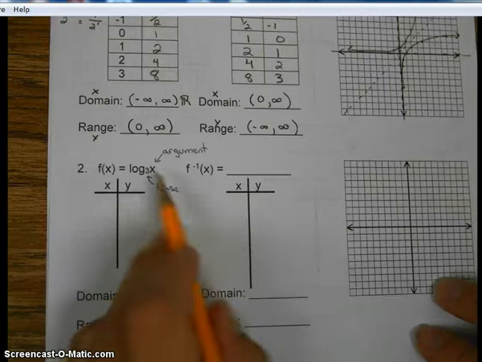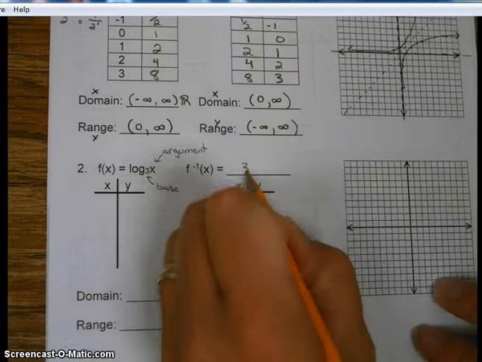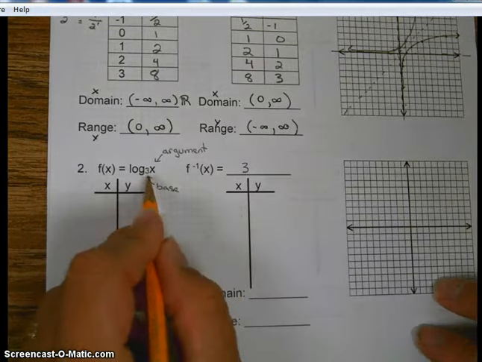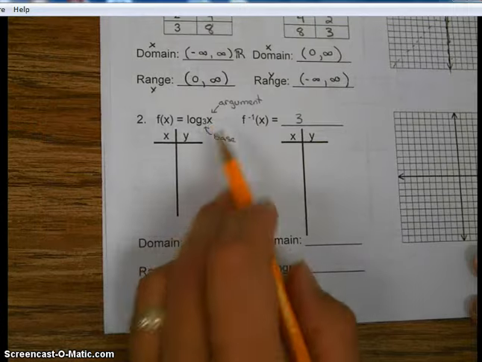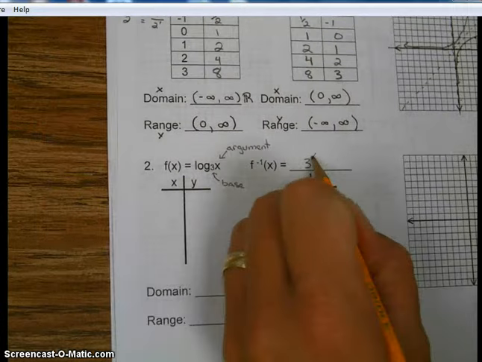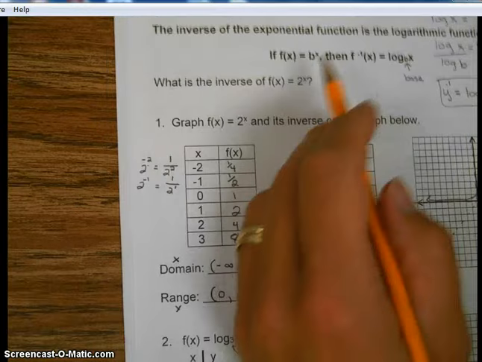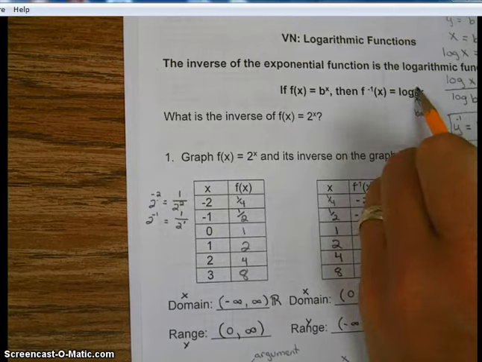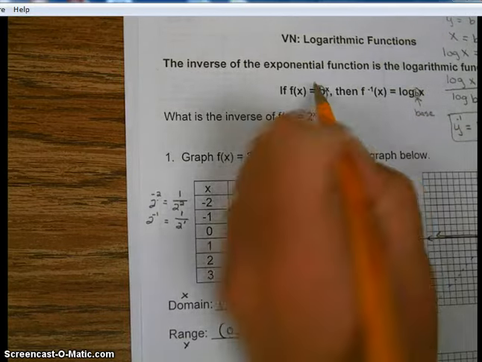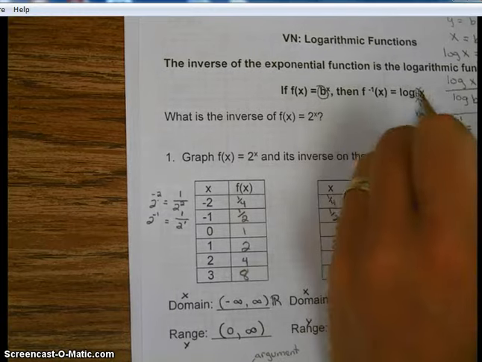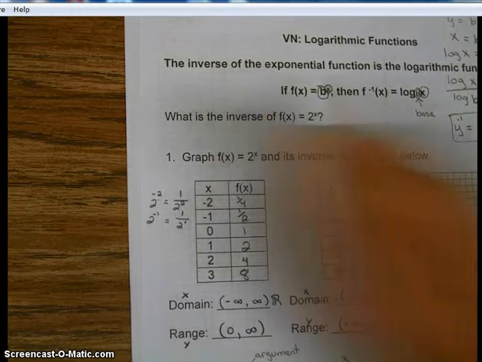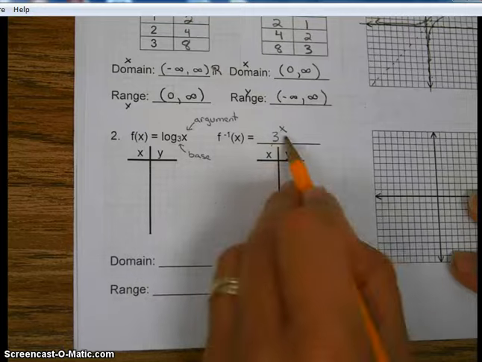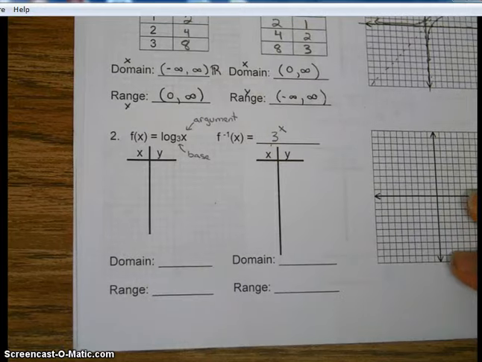Okay, so the base is going to be our base of our exponential function, and then the argument here is going to be the exponent, following this rule that we looked at above. See the b, the base, okay, and then the argument. So this is going to be 3 to the x power. That is going to be your inverse function.